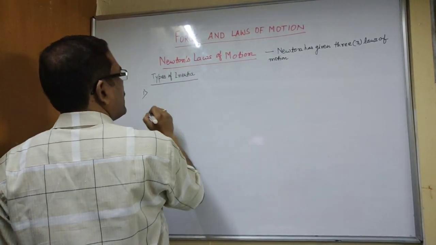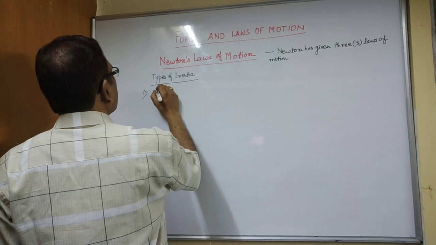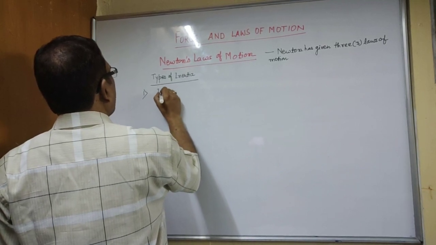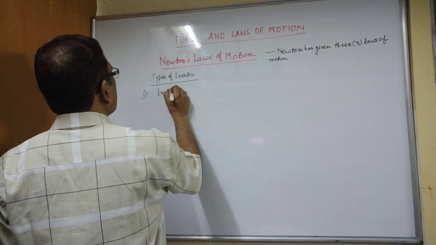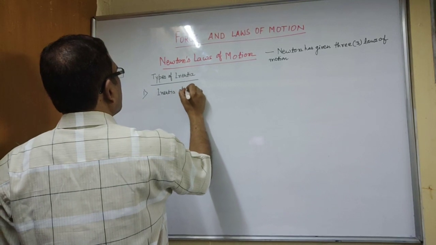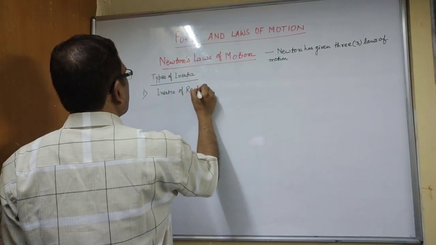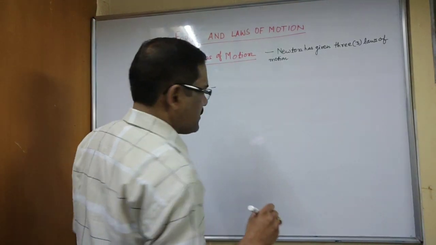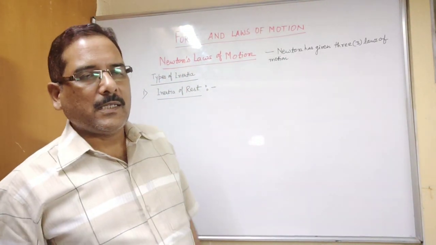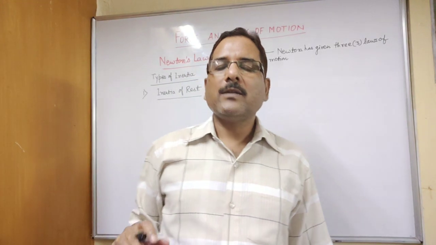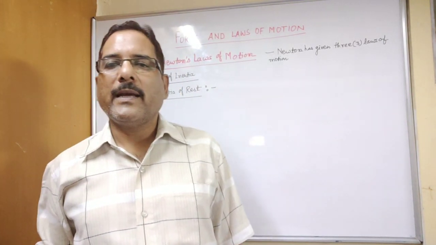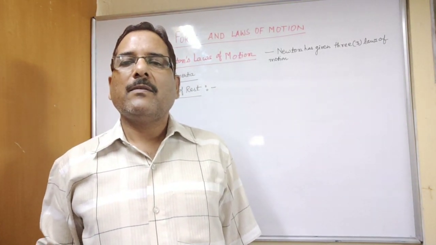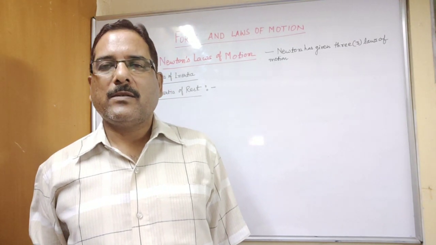So the first one is inertia of rest. Inertia of rest means, according to it, a body at rest will always try to be at rest.